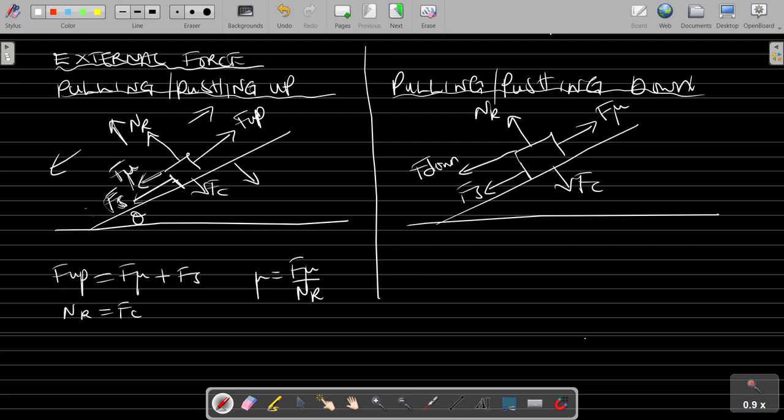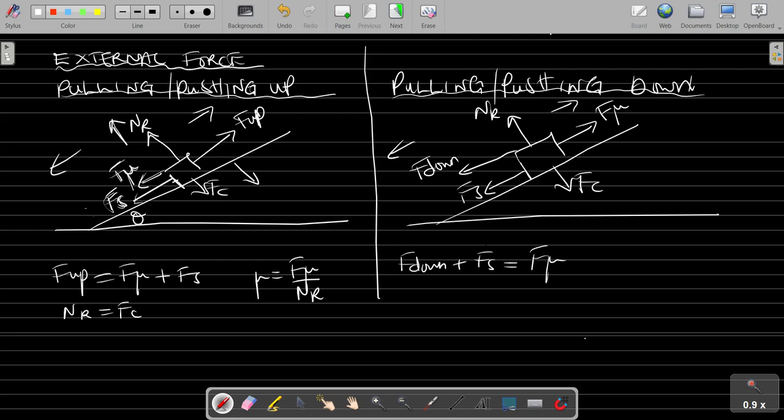Now to come up with the formula, you're still saying forces which are going down are equal to the ones which are going up. For F down, you can start with F down plus the force moving in the same direction, which is Fs, equals the only force going up, which is frictional force.